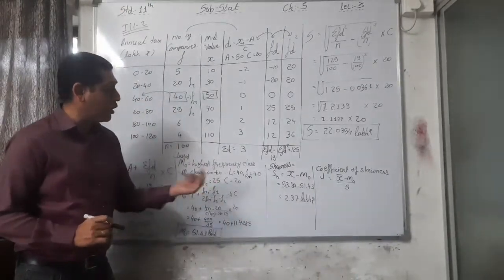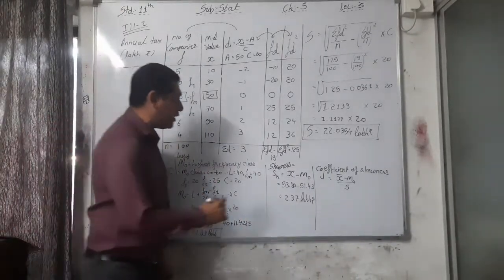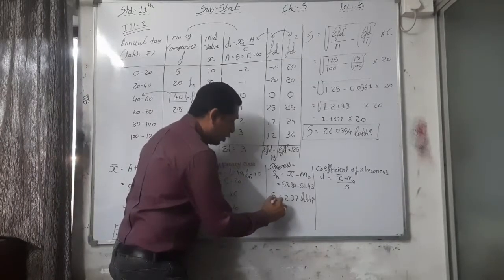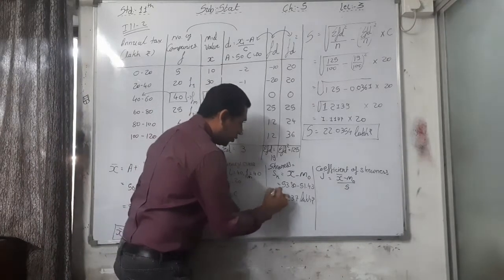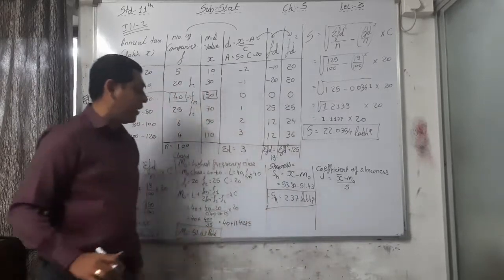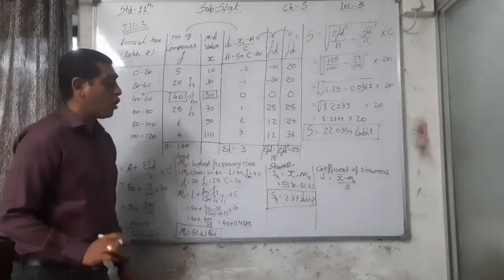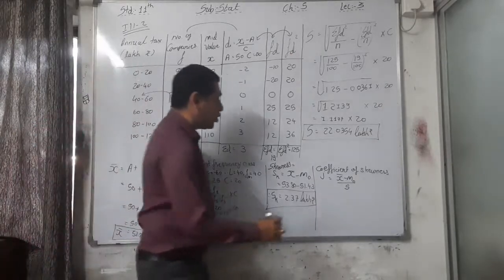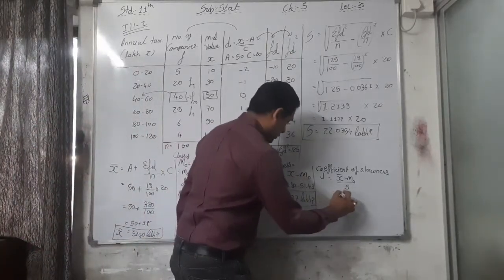That means here 2.37 lakh rupees, that is your SK. Your skewness is equal to 2.37 lakh rupees.